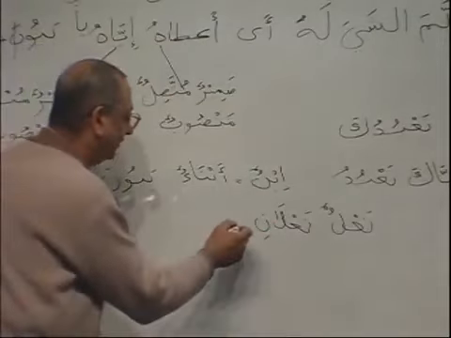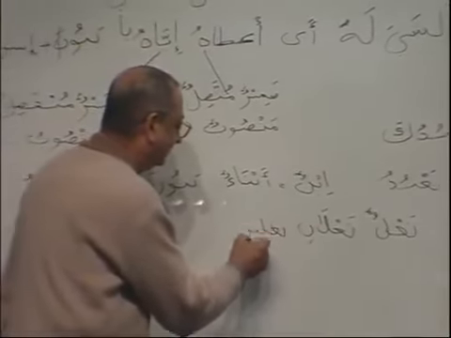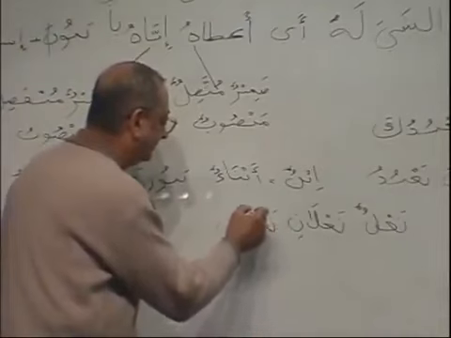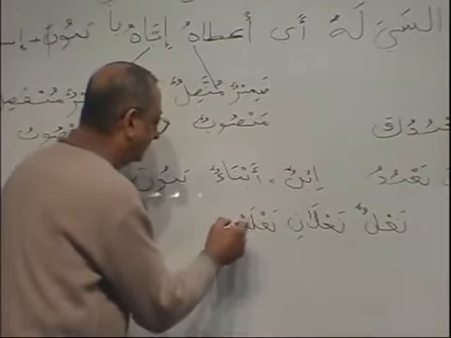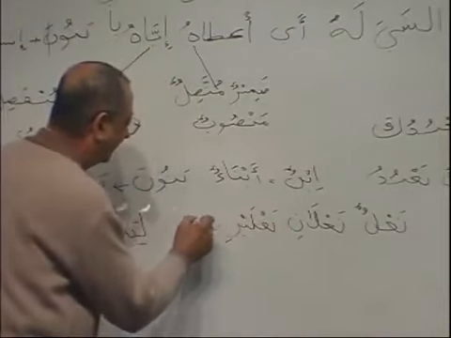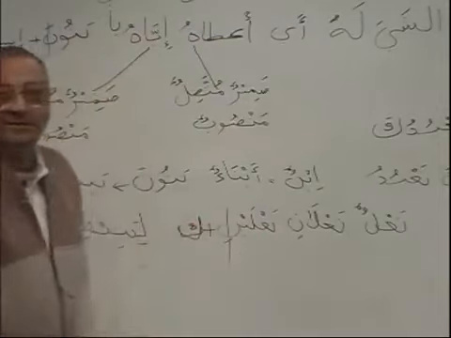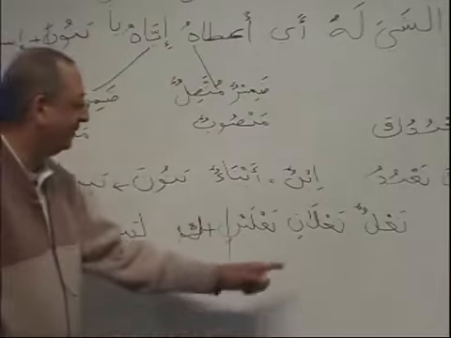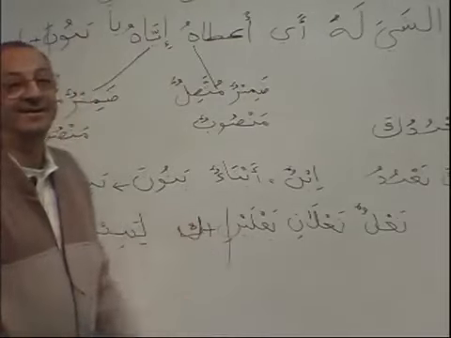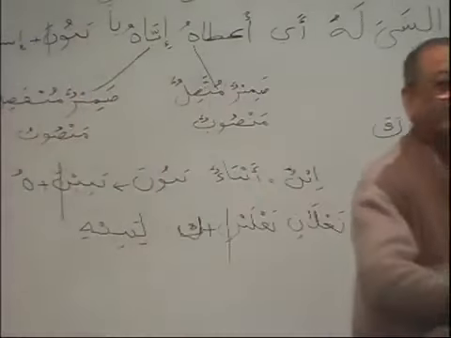Make it mansub. Put ka here. You will drop this. So it became na alayka. Remove your shoes, two of them. Are you with me, brothers and sisters? Remove your shoes. Allah subhanahu wa ta'ala is telling Musa alayhi salam.